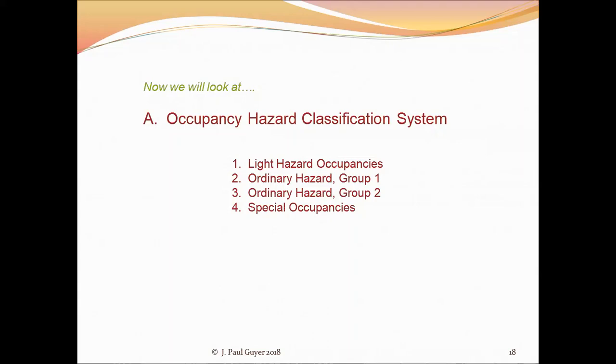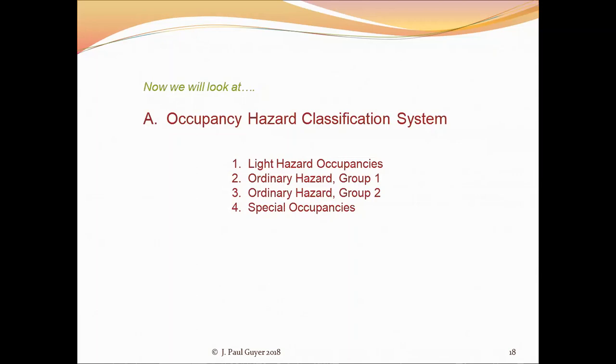Essentially, though, defining the occupancy hazard ranges from not so hazardous to really hazardous. And this is the nomenclature that is used in one area, and it's the one that I use here on these slides.